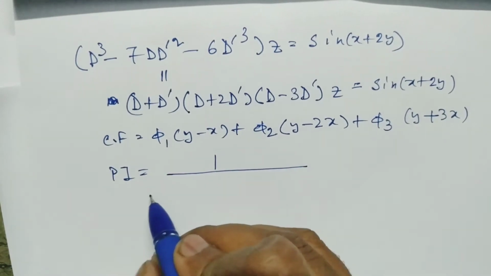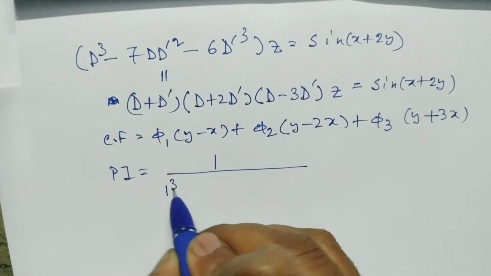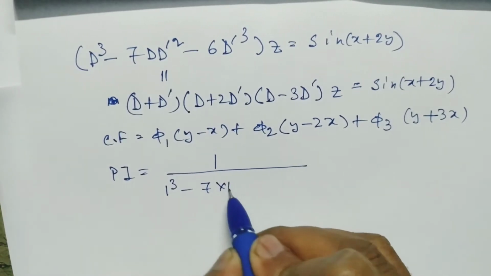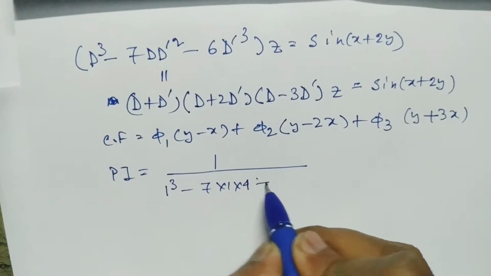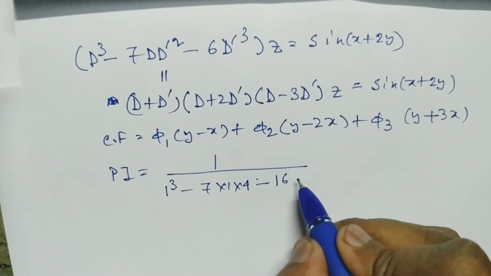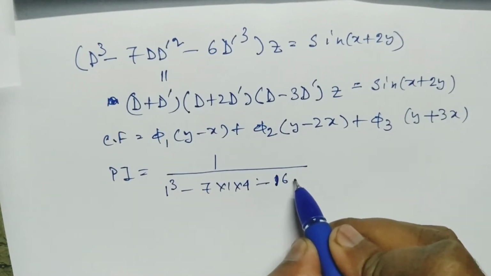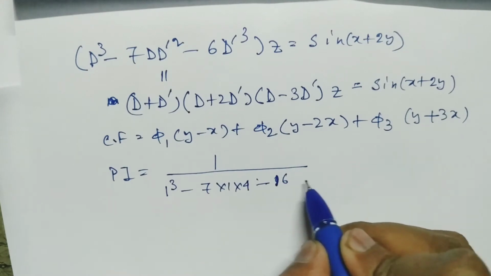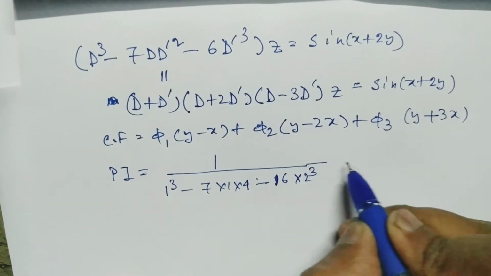So 1 cube, 7 into 1 into 4, 16, 2 into 3 cube.